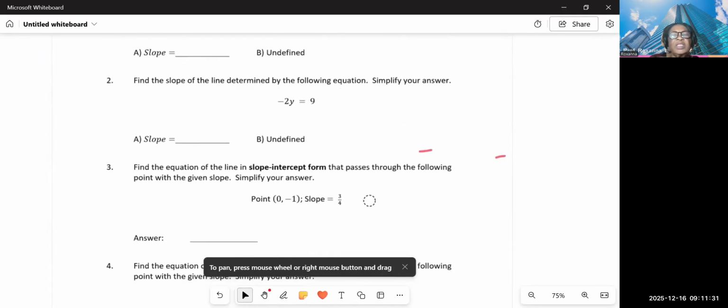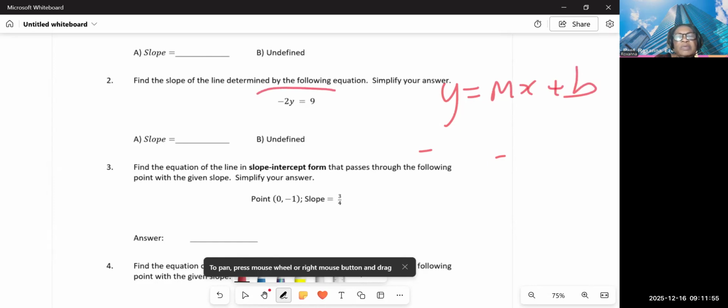So the next question says find the slope of the line determined by the following equation. First of all, I want to rewrite that equation in slope-intercept form. Remember that slope-intercept form is y equal to mx plus b. This equation does not have x, so I want to rewrite it in slope-intercept form anyway.